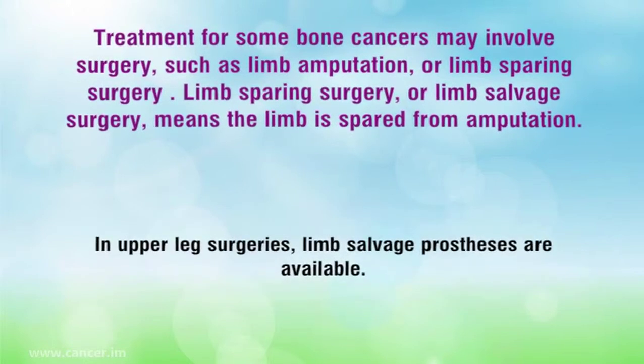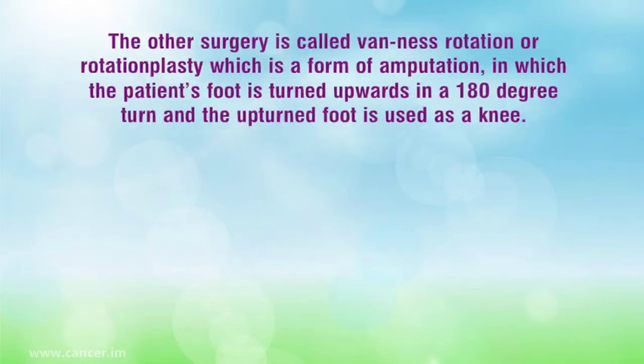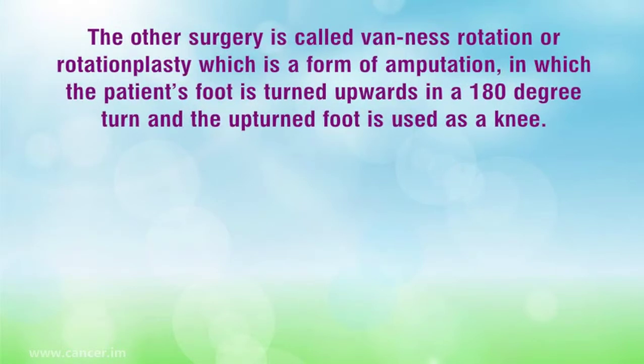In upper leg surgeries, limb salvage prostheses are available. The other surgery is called Van Nes rotation or rotationplasty, which is a form of amputation, in which the patient's foot is turned upwards in a 180-degree turn and the upturned foot is used as a knee.